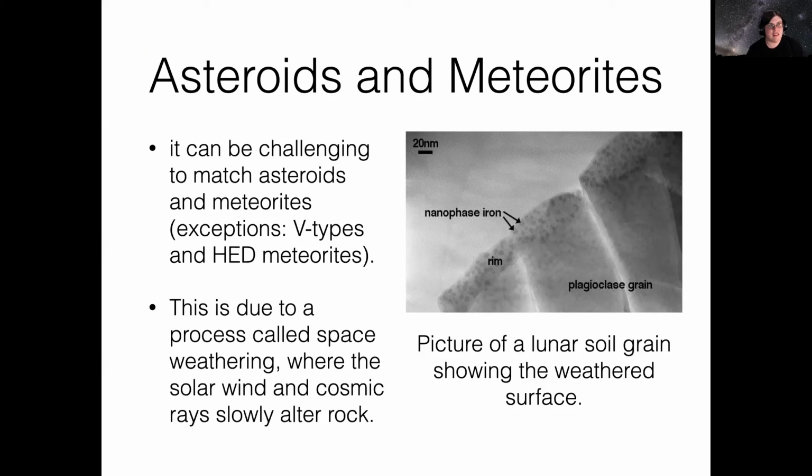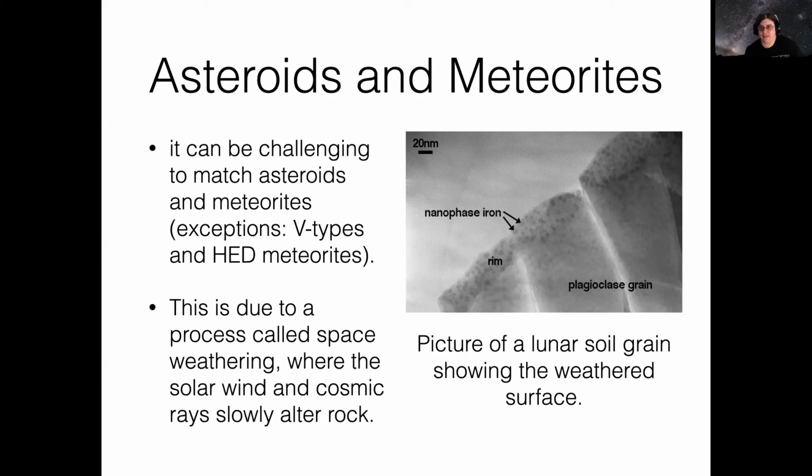And again, we can see this on, for instance, lunar samples. This is a picture of a soil grain showing that the iron minerals in this rock have changed into metallic iron, which gives it a different look, spectroscopically speaking. Now, for the moon, we can kind of disentangle that because we can see that there's a kind of crust on the soil grain.